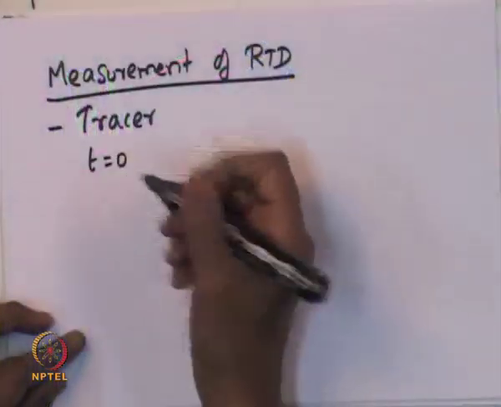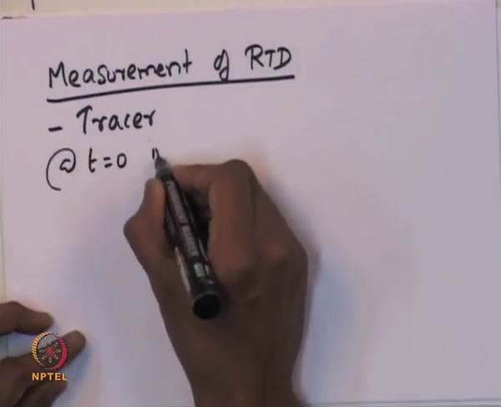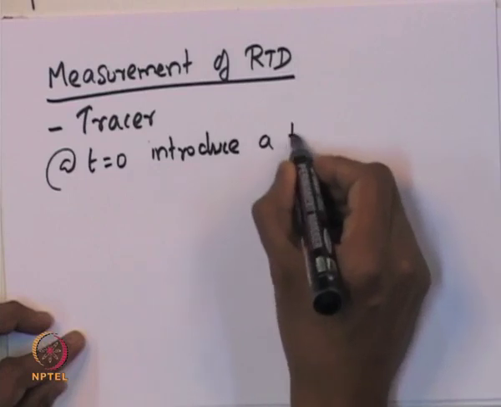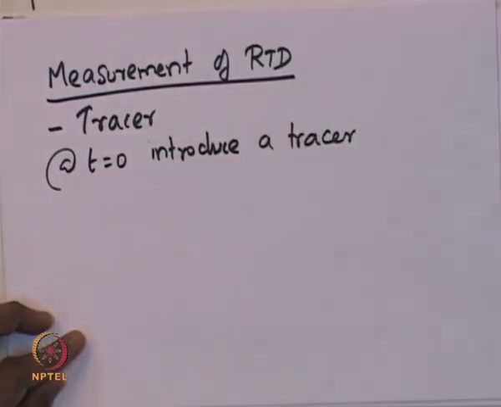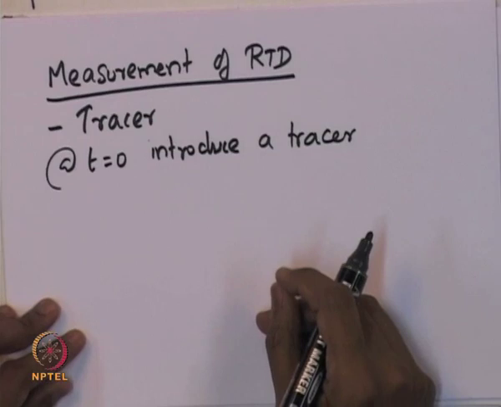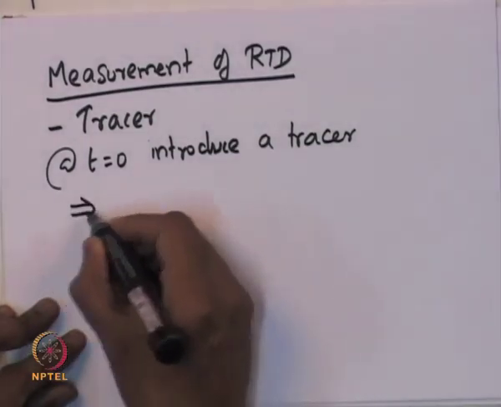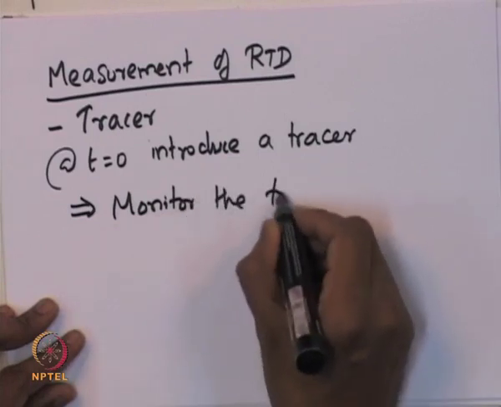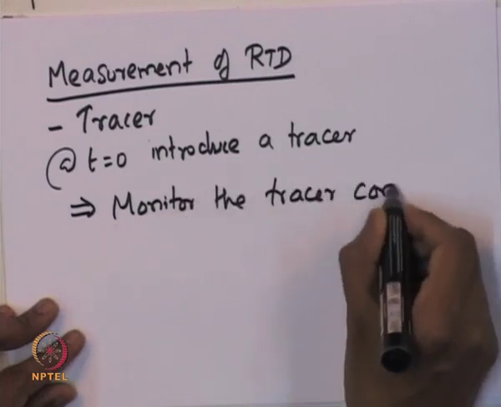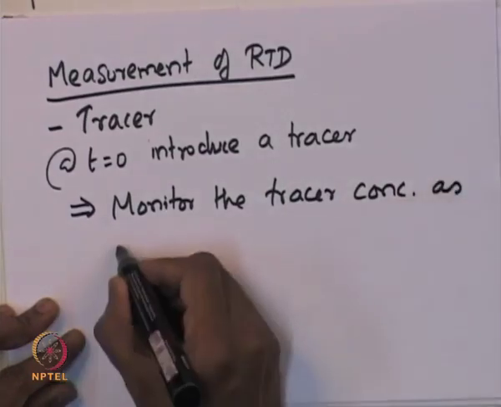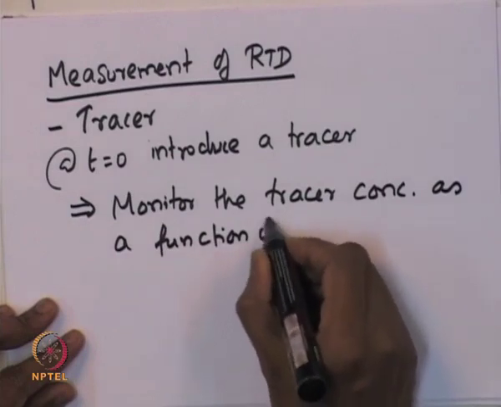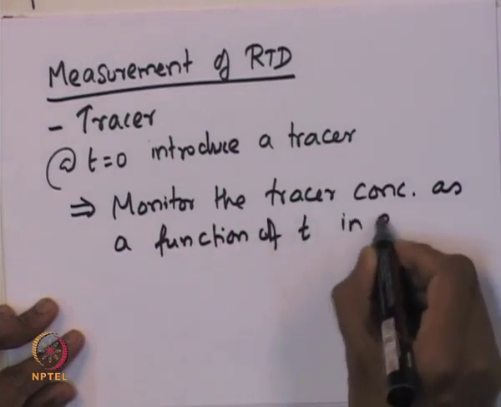So, what is done is, at time t equal to 0, a tracer is introduced. A tracer chemical is introduced, and then we monitor the tracer concentration as a function of time in the effluent.